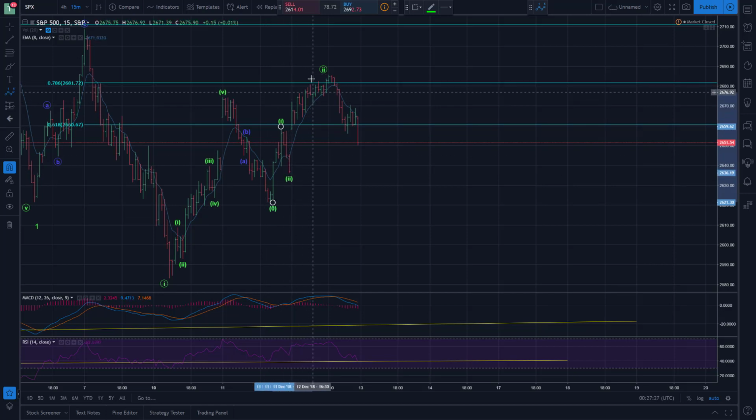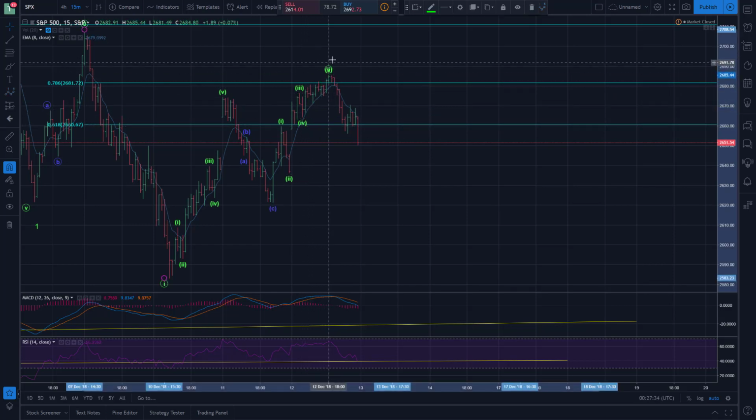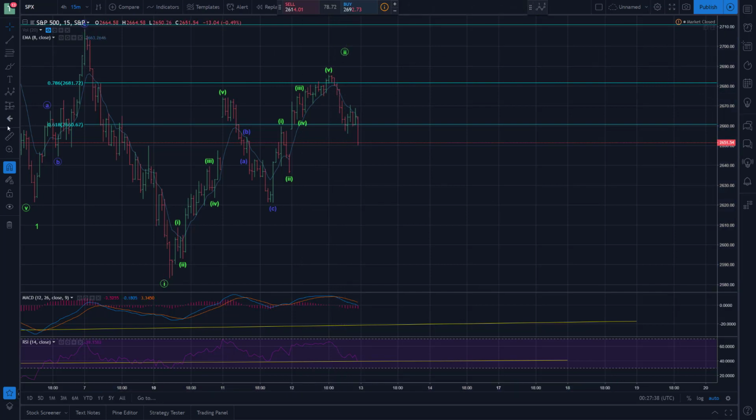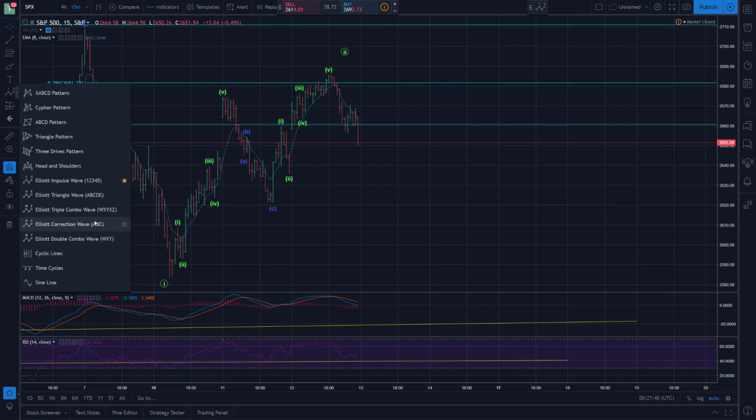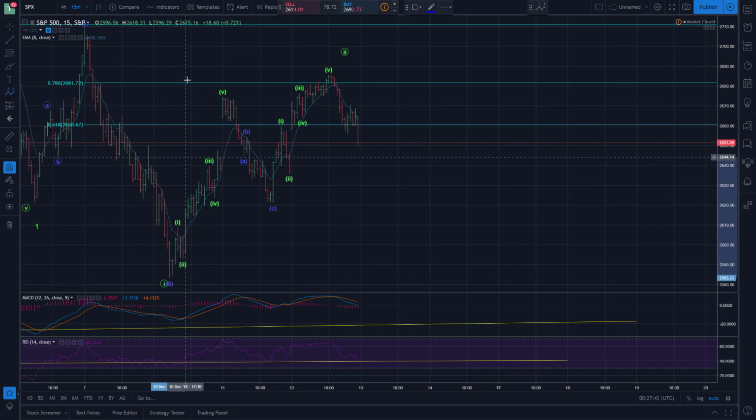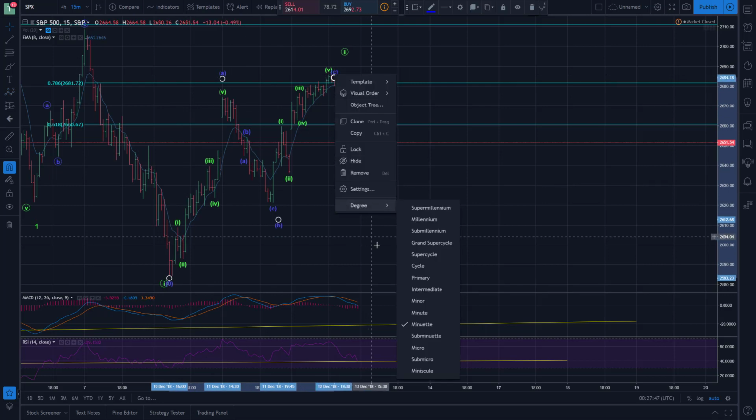And you can pick where you want to put this. Wave 5, maybe we had an ending diagonal, a little ending diagonal wave 5, and if I just get the ABC out here, ABC, make sure we bump the degree up 1.